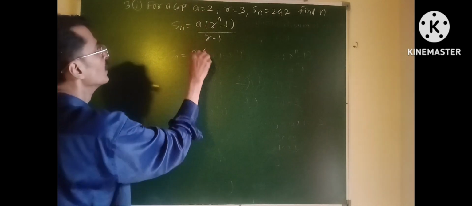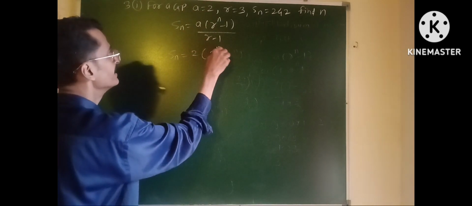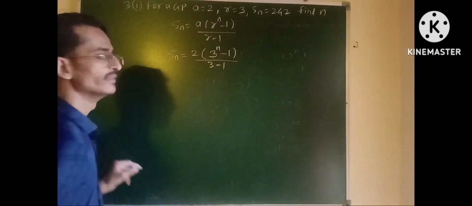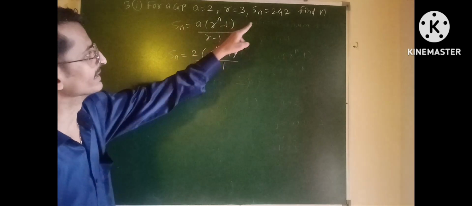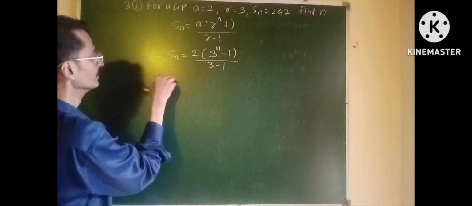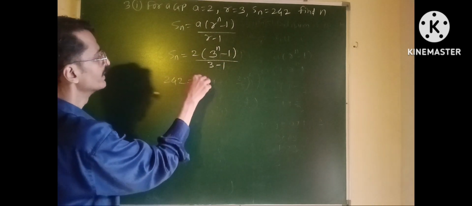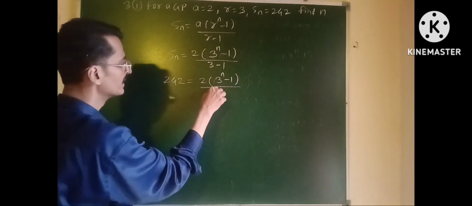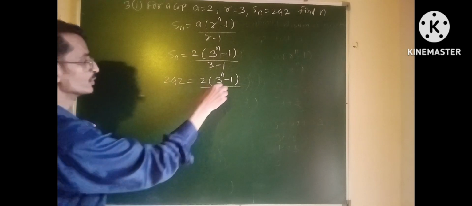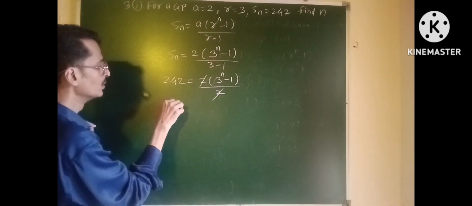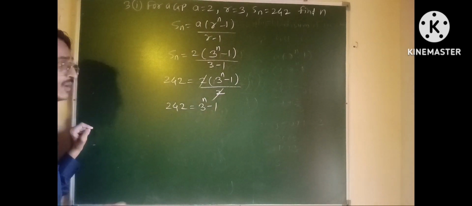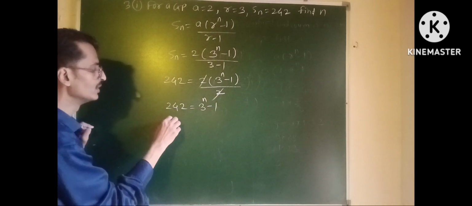A is 2, R is 3 raised to n minus 1 upon R, which is 3 minus 1. Sn is given as 242, is equal to 2 into 3 raised to n minus 1 upon 3 minus 1, that is 2. So 2 gets cancelled. 242 is 3 raised to n minus 1. So this minus 1 right here.